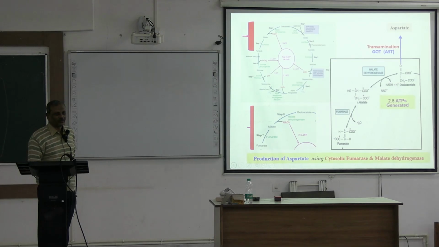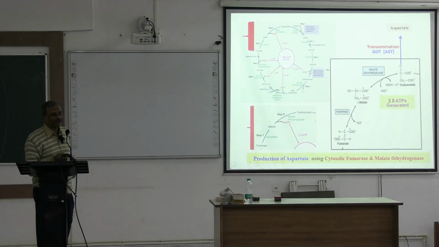Do you get my point? Nature has evolved a mechanism by which aspartate is produced in the cytoplasm itself, where the transamination reaction is occurring, and at the same time NADH is obtained, giving 2.5 molecules of ATP. So somehow it is saving energy.